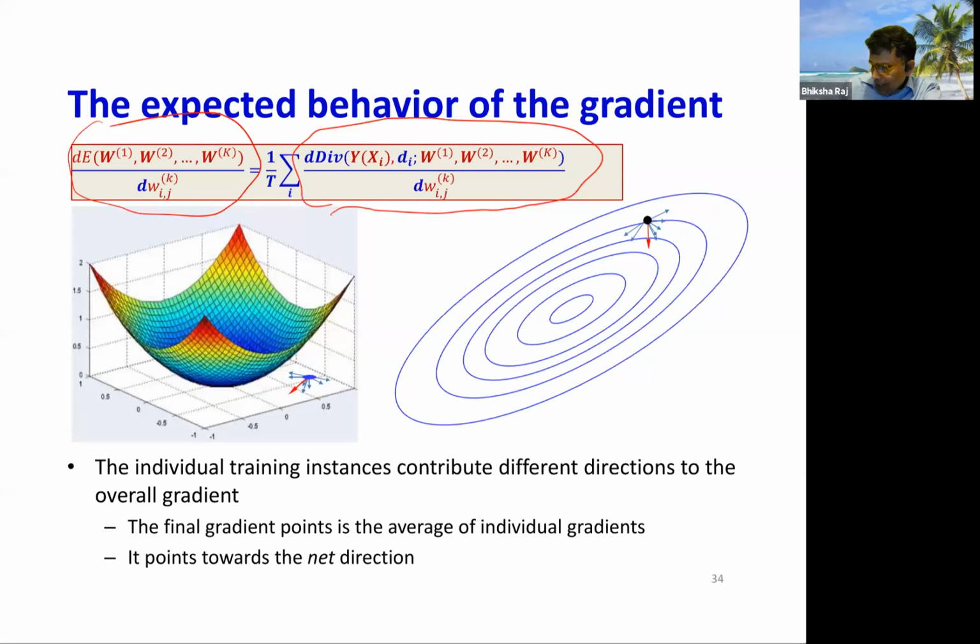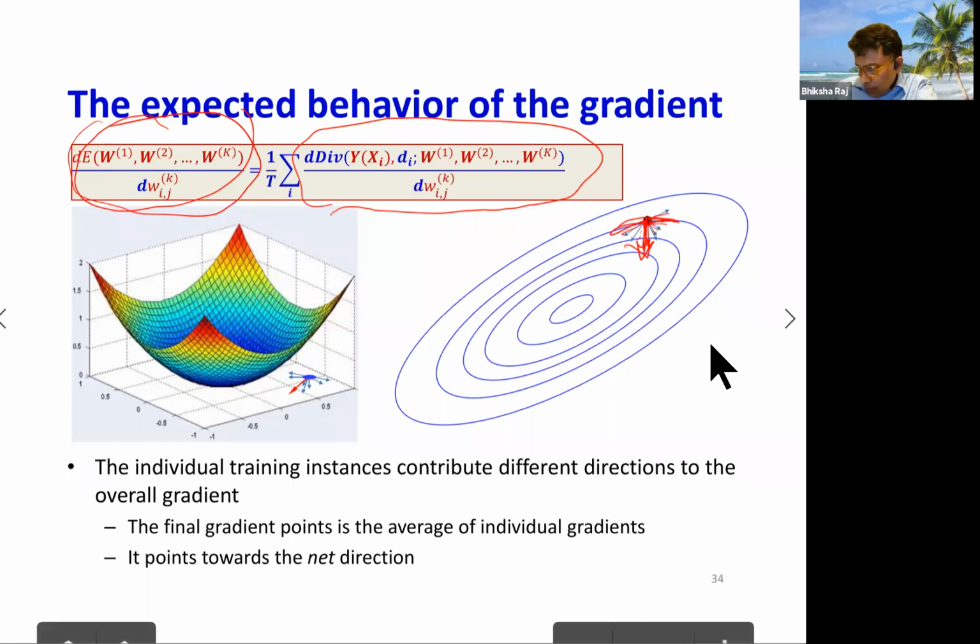So at any point in the parameter space, the gradients of the divergence for the individual training instances will point in many, many different directions. And the overall gradient is going to be the average of all of these, which will be perpendicular to the level set for the global divergence function. It averages the directions of the gradients for the individual training instances.